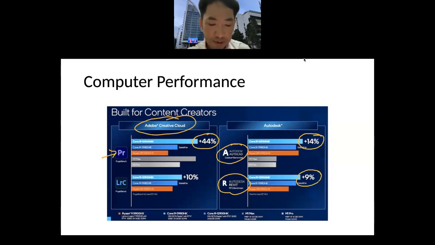It does tell you that the performance of one processor is not better than the other processors by the same number for all applications. In this application, it's 44% better, but here it's only 9% better. So it depends on the application that you are using, not only the hardware itself. So computer performance depends on not only the hardware, but also the software.